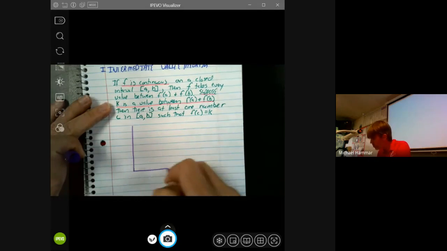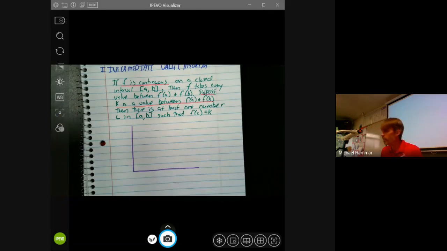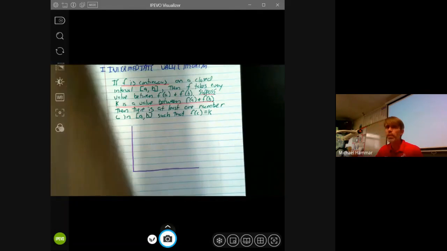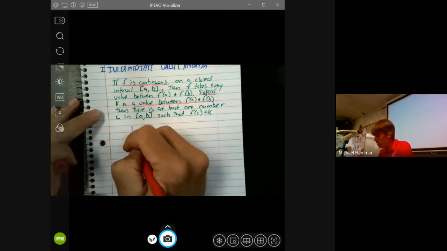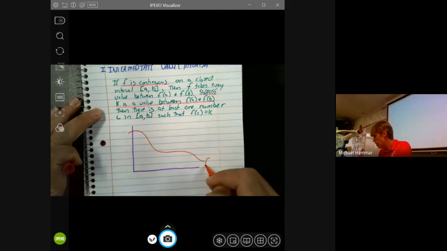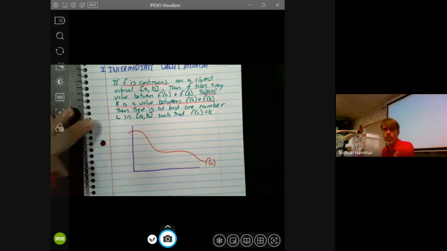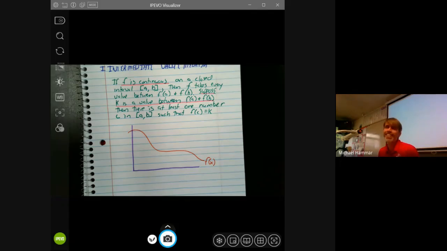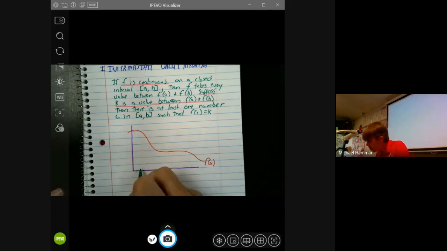First of all, you need to have some sort of graph, and you need to be given a function that is continuous. Notice, my function is f of x. Notice I did not pick my pen up. So the first thing that has to be true is it has to be a continuous function. Now, it's also on a closed interval between a and b.